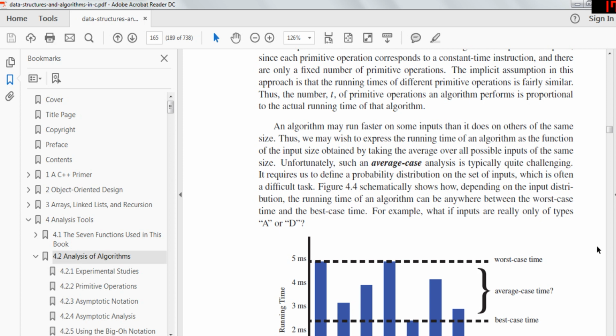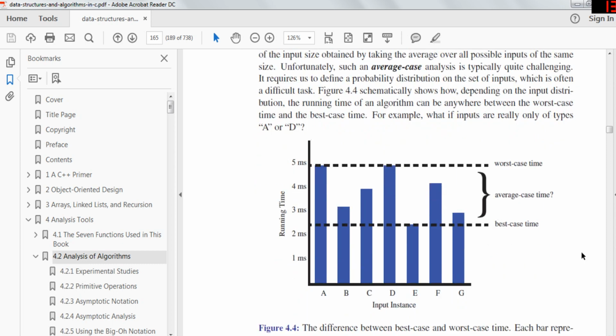Here they're showing us how, depending on the input distribution, the running time of an algorithm can be anywhere between the worst case time and the best case time. So what if inputs are really only of types A and D?